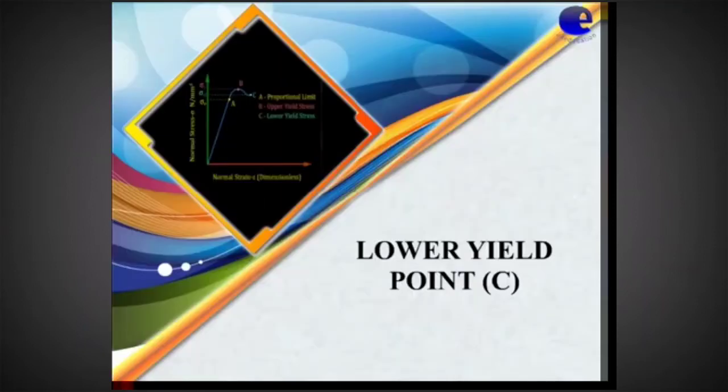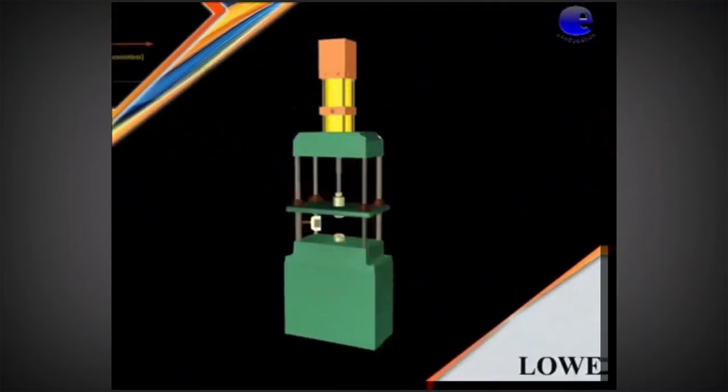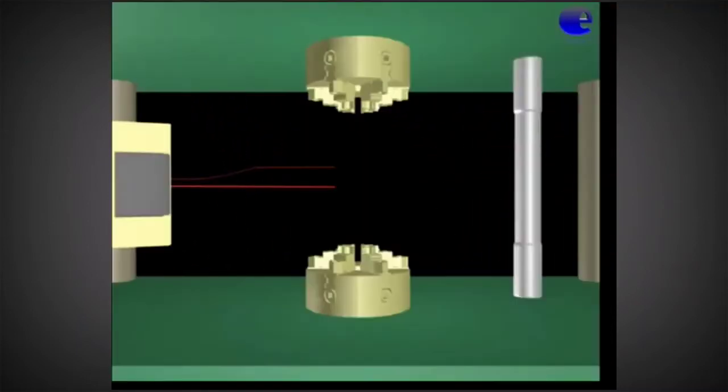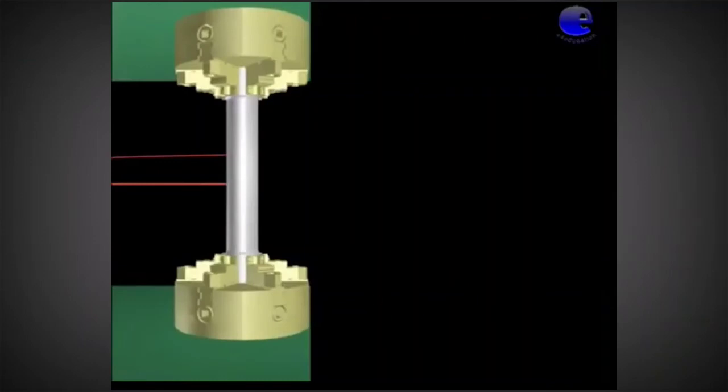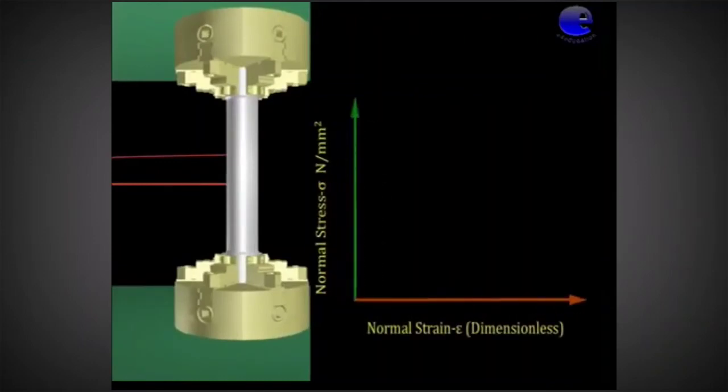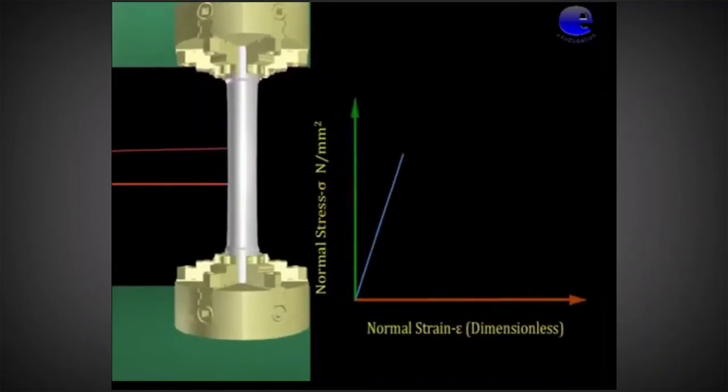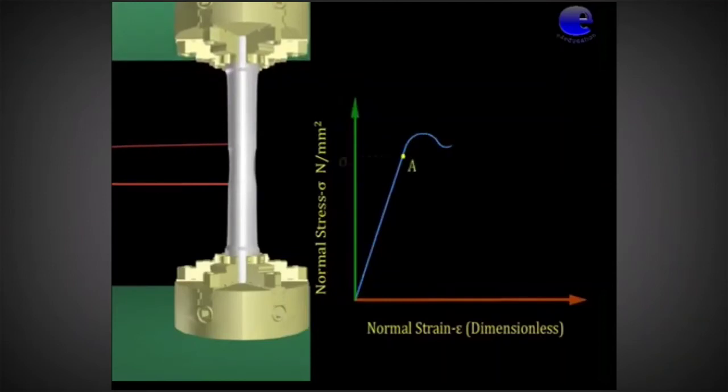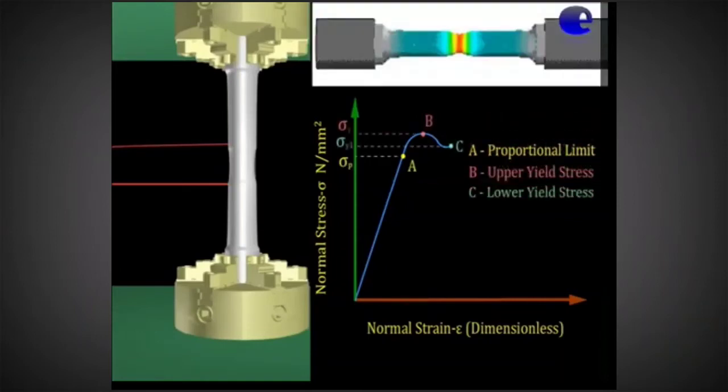Lower yield point, that is C. Let us see the curve. The curve falls from the point B to the point C. Between B and C, there is an increase in strain without increase of stress. This point C is called the lower yield point.